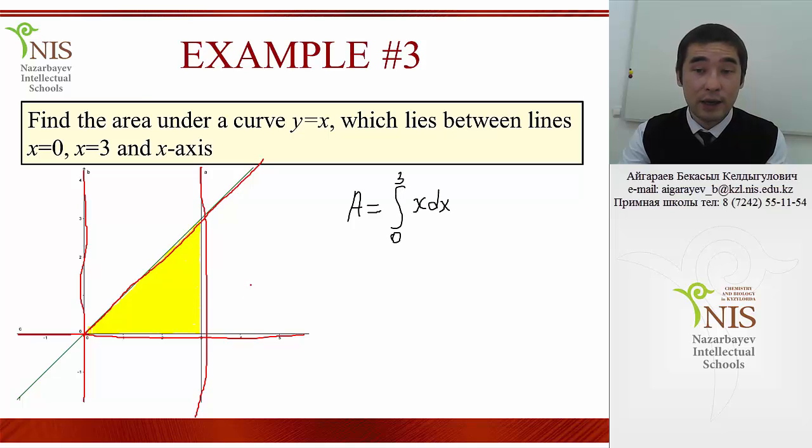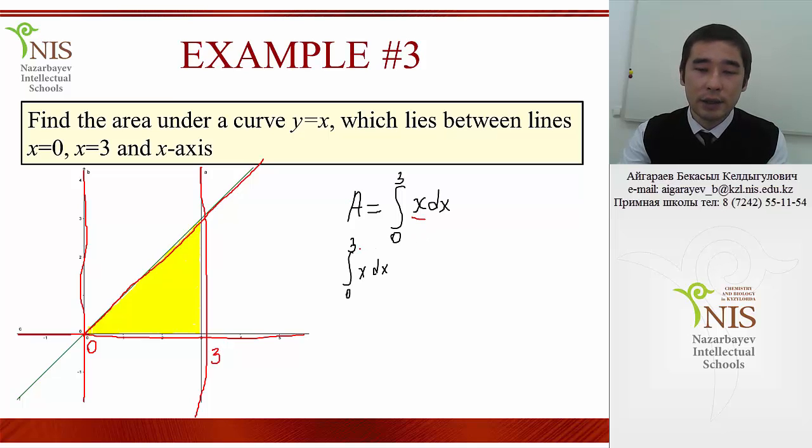We should integrate from 0 to 3. So you see it's from 0 to this point, which is 3. Our function is y is equal to x. This is my function, and the area under it will be calculated with this formula.